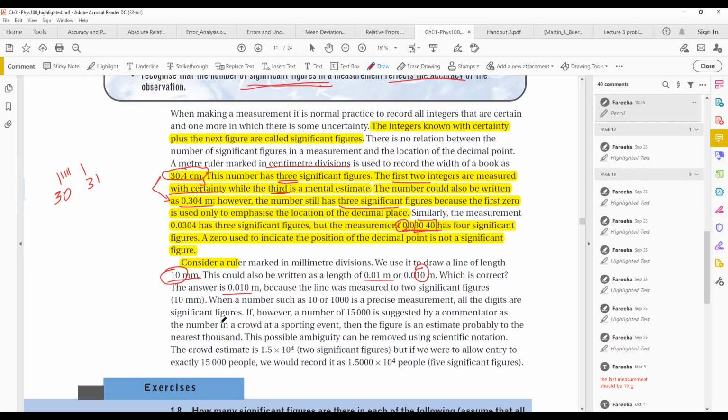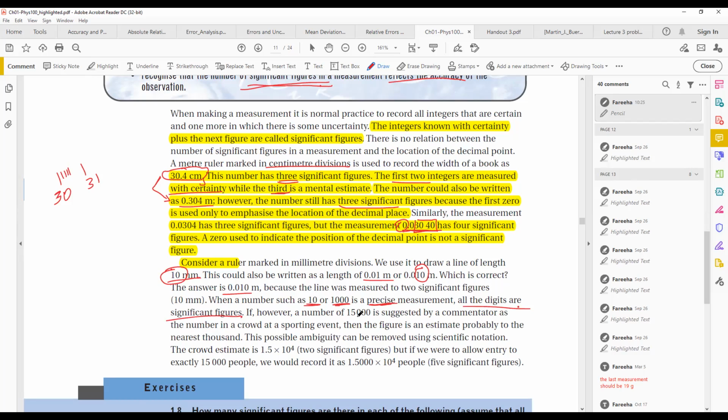Again, there are other examples of how we talk about significant figures. For example, if you have a number which is complete, this is a precise measurement. There are no decimal points in this case, and therefore all the digits are called significant figures.